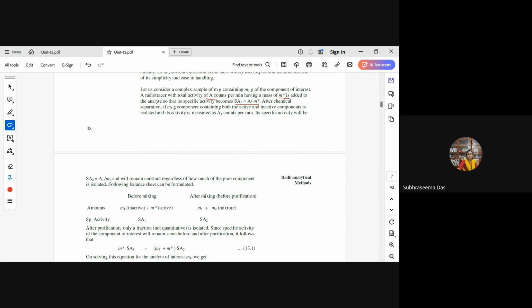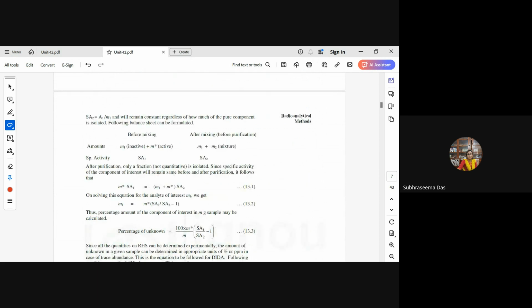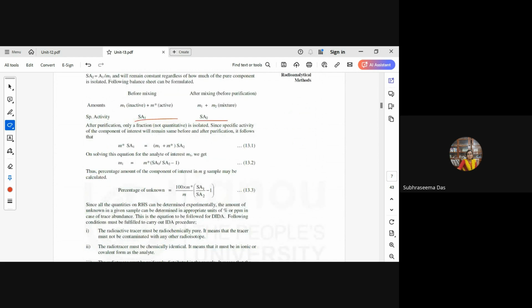Now, after the chemical separation, if M1 gram of component containing both the active and inactive compound is isolated, the specific activities before mixing and after purification are given as SA1 and SA2. Substituting the exact values and solving the equation, we find M1 to be M star into SA1 by SA2 minus 1.